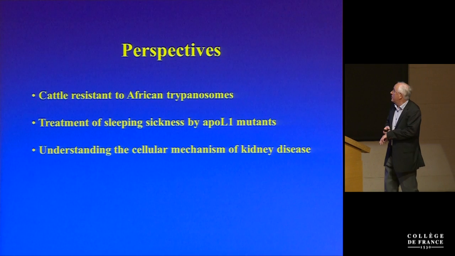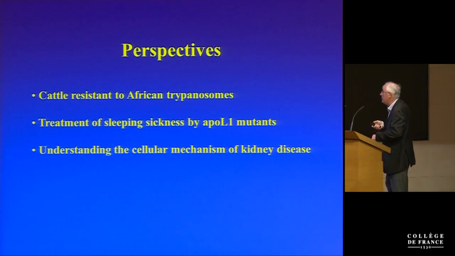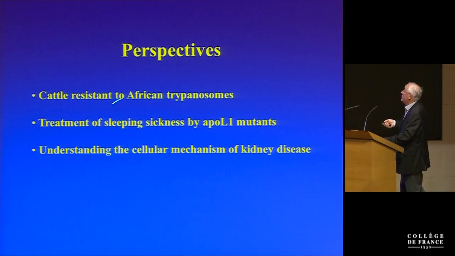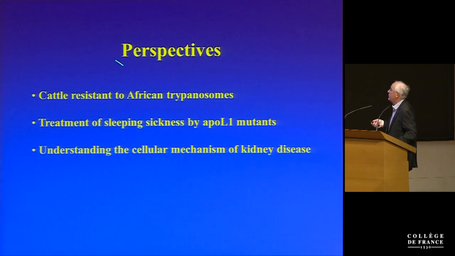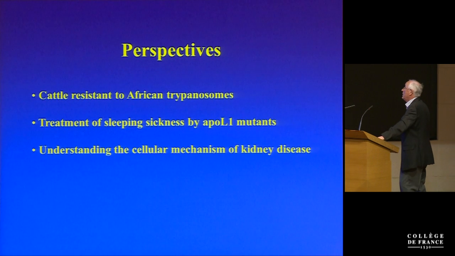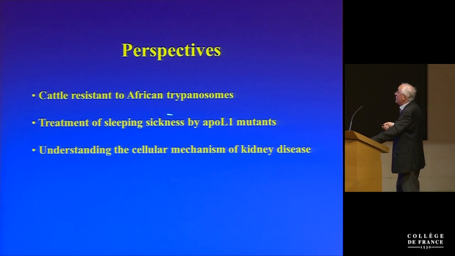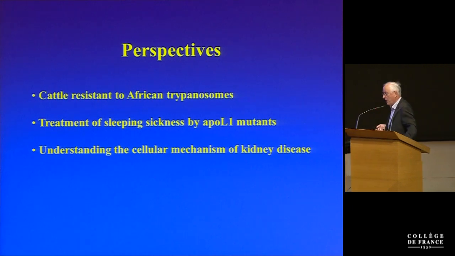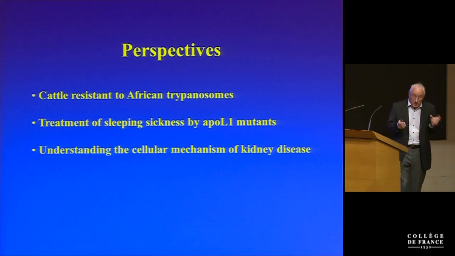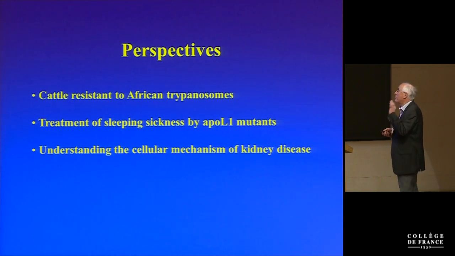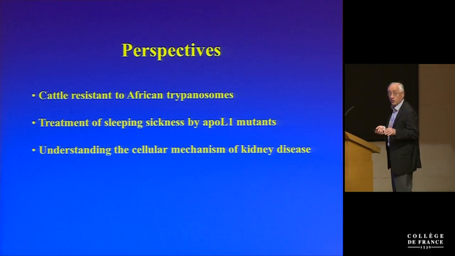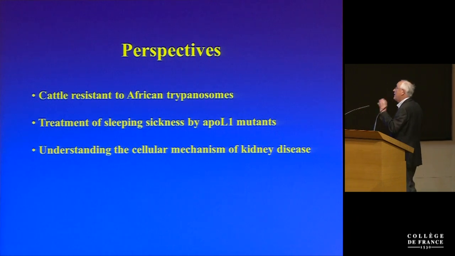Perspectives of this work, of course, there are many, but the most important is the attempt at raising cattle that would resist African trypanosomes. This is currently underway in Scotland, with cattle expressing ApoL1 variants. In my lab, we have an experimental ApoL1 variant that is able to kill absolutely all African trypanosomes, whether they are pathogenic for man or for animals.